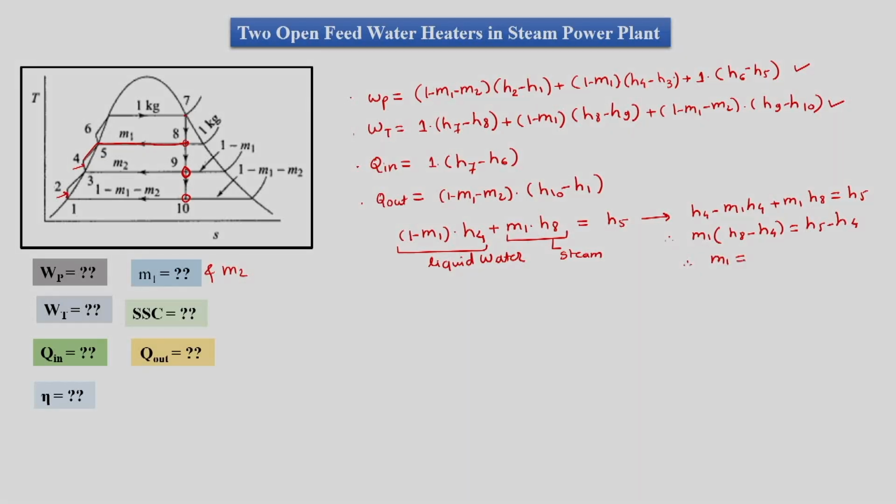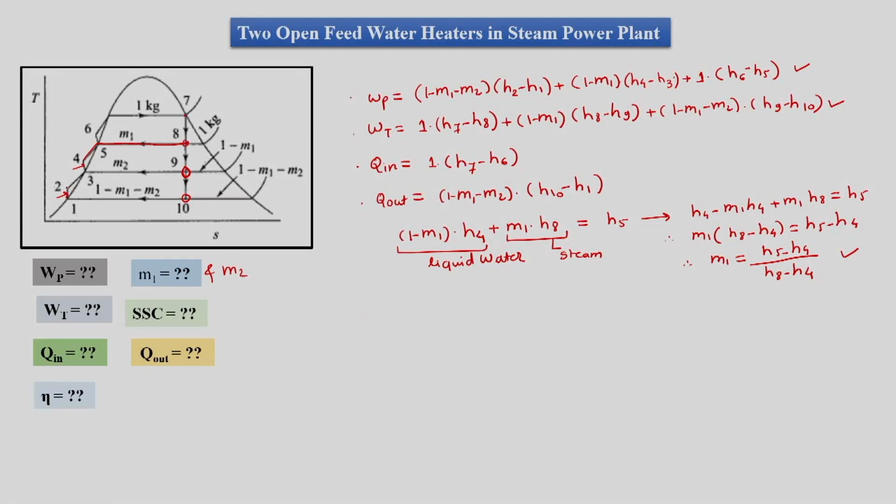So m1 is equal to (H5 minus H4) divided by (H8 minus H4). So then we would have found out this m1. Now our topic is to find out m2. For finding out m2, m1 is known to us.